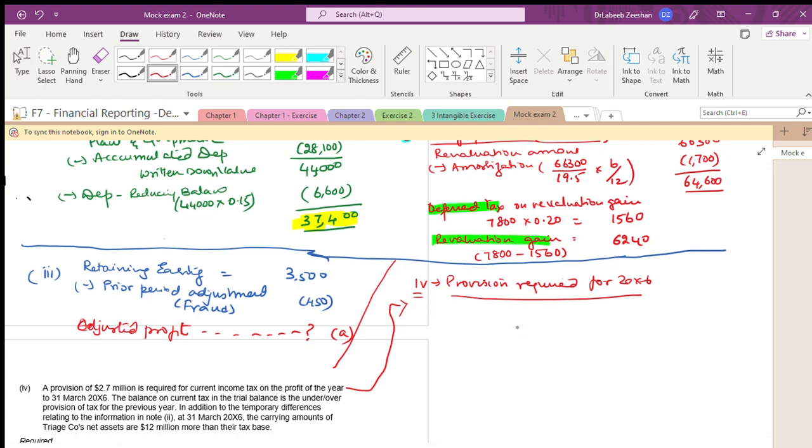How much did you get? 1,560. I will put one star mark, star 1, in the same color so that you should not have any confusion.